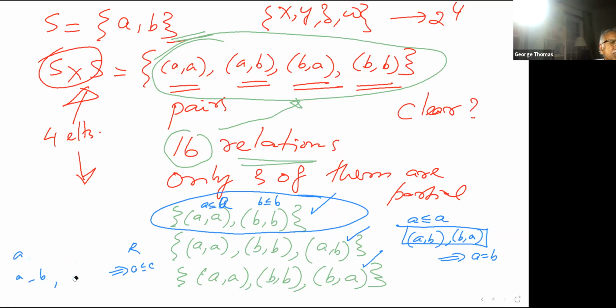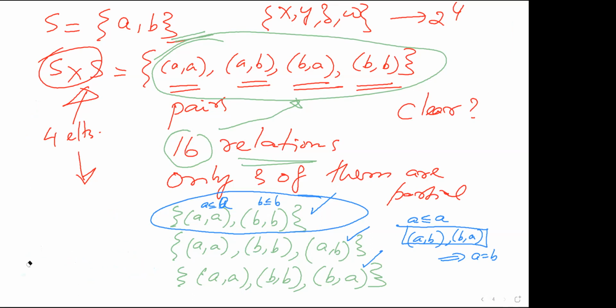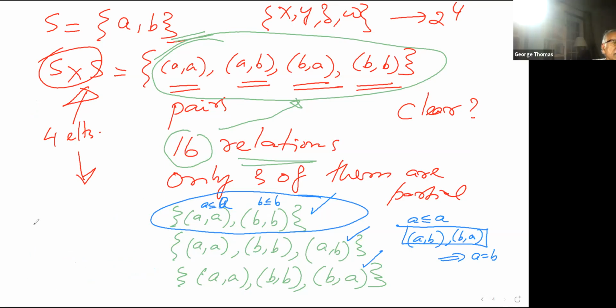So what did we do so far? I have a set S, just two elements. I am going to draw a Hasse diagram of this, a picture. There is A, there is B. I wonder what the Hasse diagram of this is.